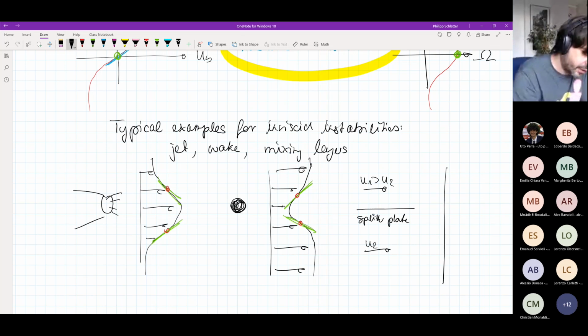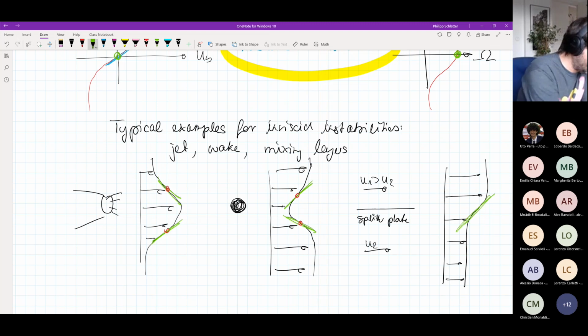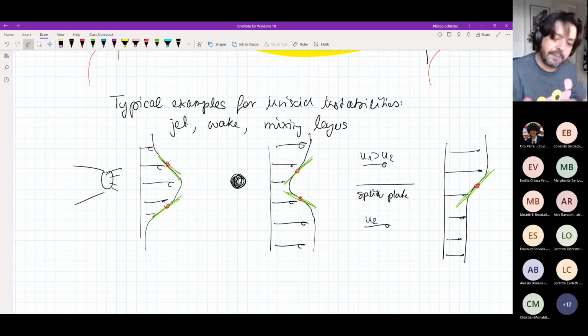Then you would get afterwards a profile that looks like this, where you have these gradients in the middle. And again there would be an inflection point here with a vorticity maximum. So it's these three prototype cases that are potentially unstable when it comes to an inviscid instability.